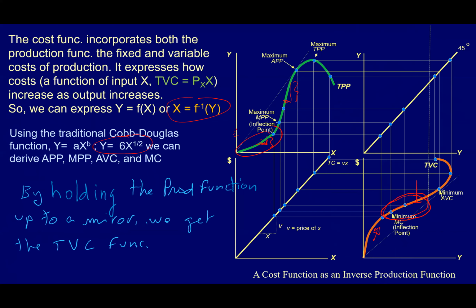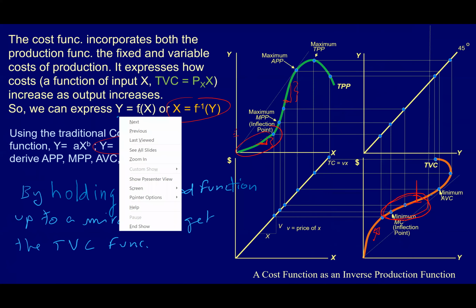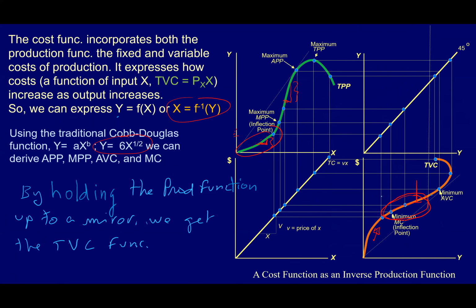So that is what the production function looks like compared to the cost function. And again, here you can see we're deriving y as a function of x. And so we'll put it here to be able to merge both functions.